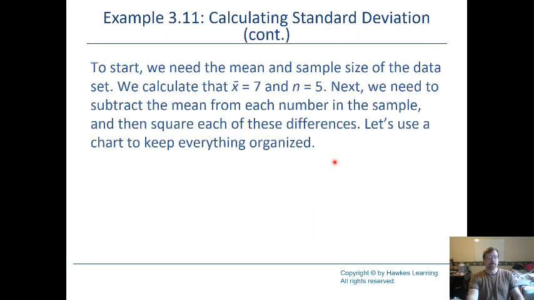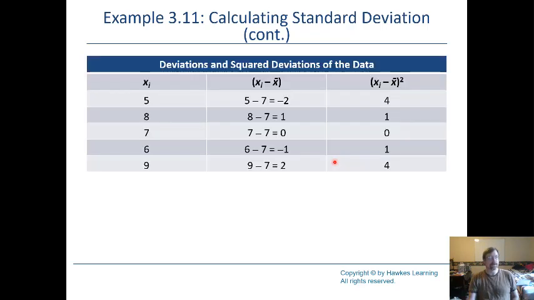All right, so first thing we're going to need is our sample size. We have 5 values in the set. We can easily calculate that the average or mean is 7. We subtract that 7 from each value, square those differences. They've given us a nice chart of all that, so we can see it step by step.